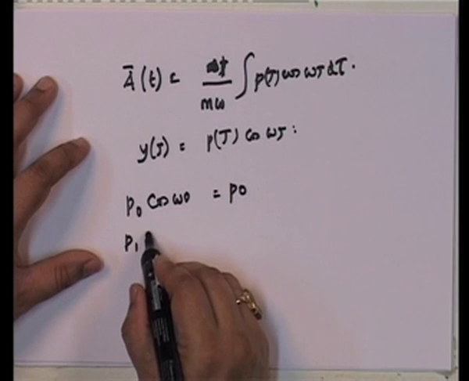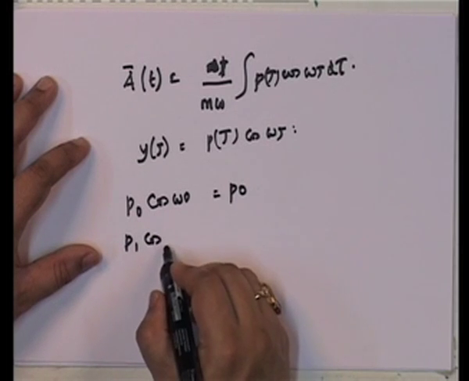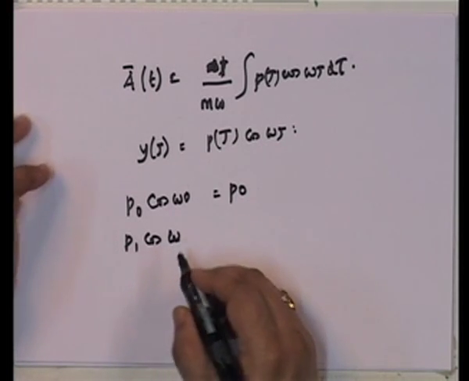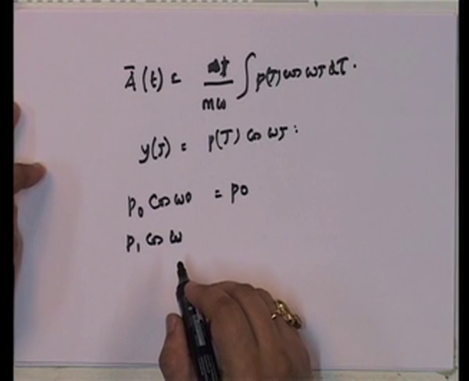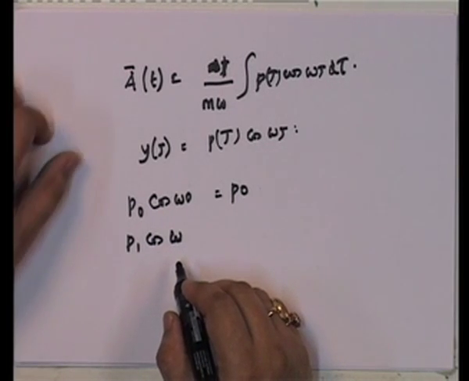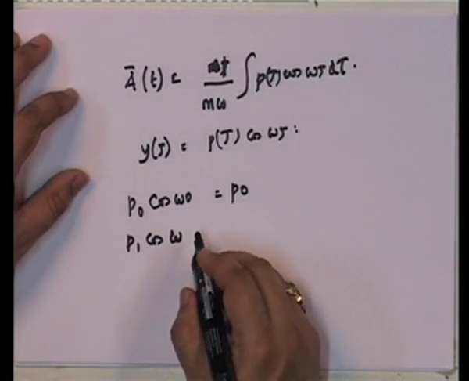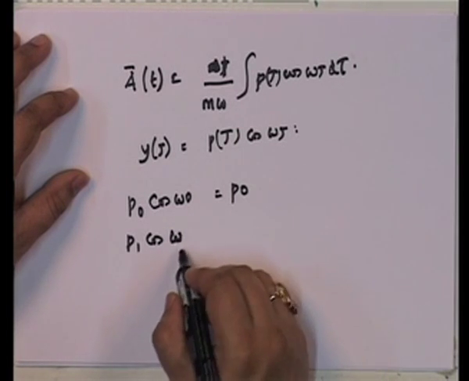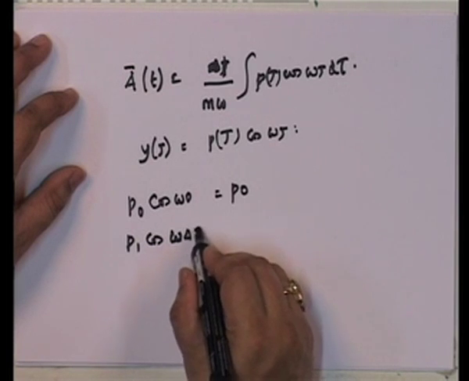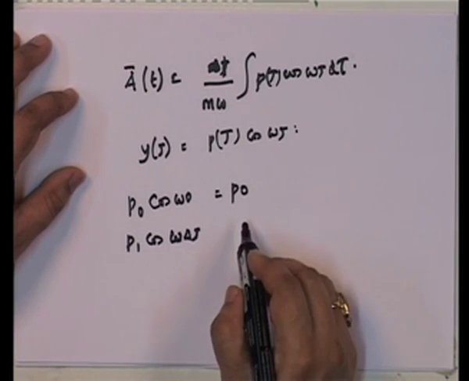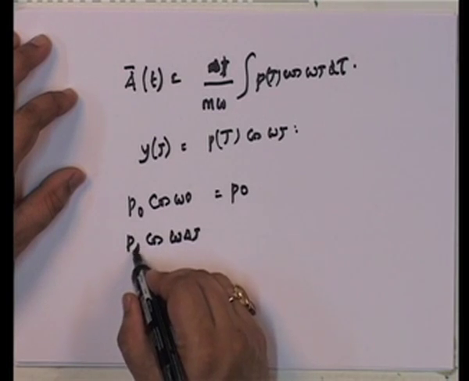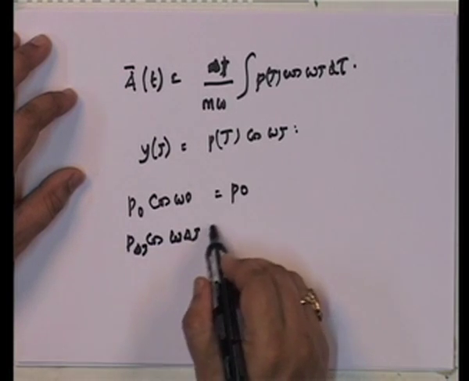The next term is cosine omega delta tau, so this is p of delta tau cosine omega delta tau.